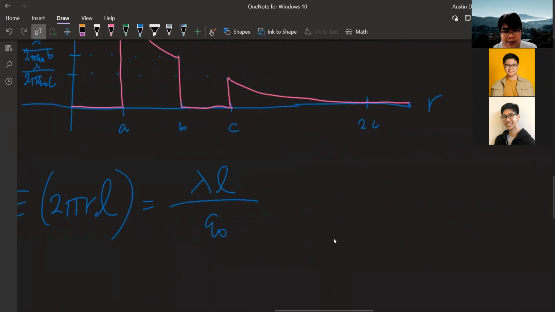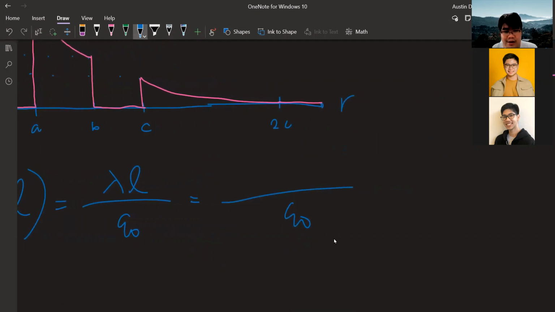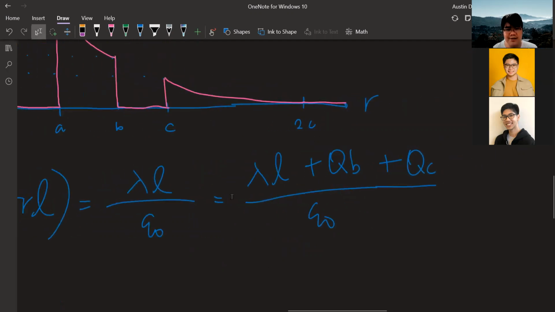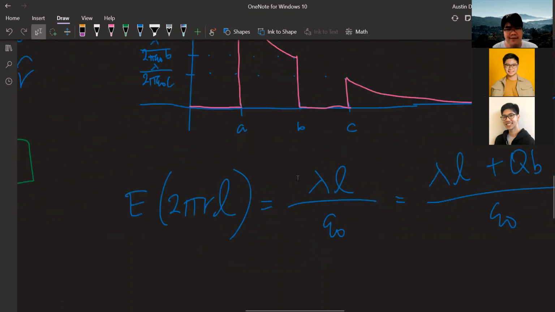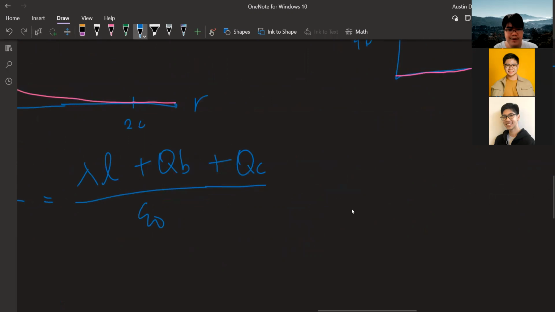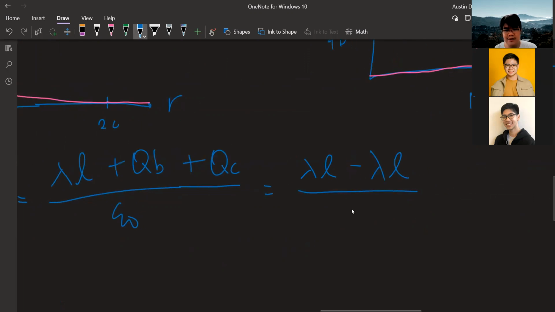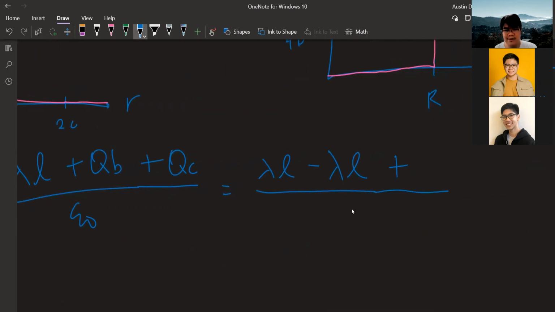But now we have to consider the contributions from the charges of the inner surface, Q B, then Q C. Okay? We already know Q B, right? Negative lambda L. So, this is lambda L, negative lambda L, lambda L plus Q C over epsilon naught.